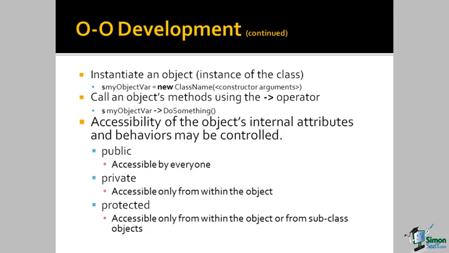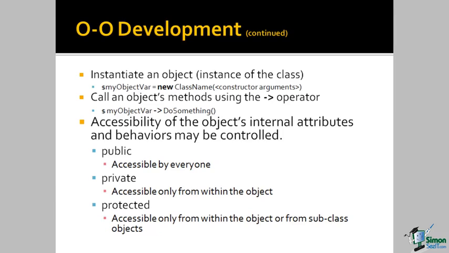Now we want to interact with the object, the behavior in the object. We have another new operator. Although we've seen this before, in this case, the arrow operator, which is the minus sign and the greater than symbols, allows us to call the internal behavior of an object.